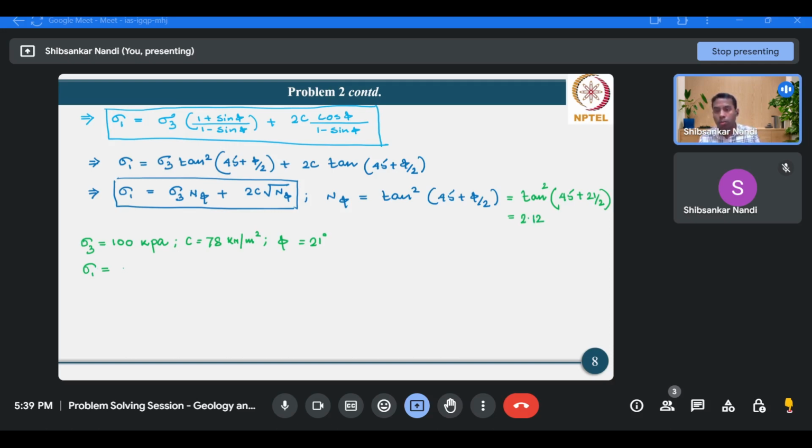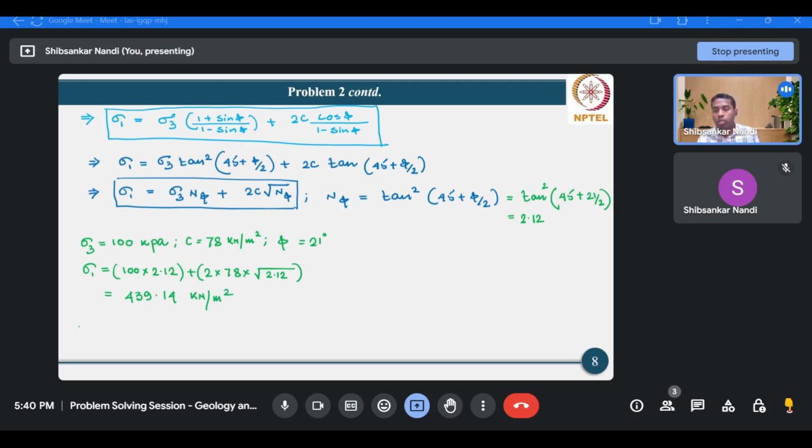Now sigma 1 would be 100 multiplied by 2.12 plus 2 multiplied by 78 multiplied by root of 2.12. Therefore, this will be 100 into 2.12 plus 439.14 kilonewton per meter square.